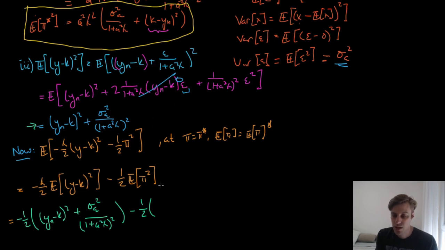So this was a squared lambda squared times sigma squared epsilon over (1 plus a squared lambda) plus (k minus yn) squared.